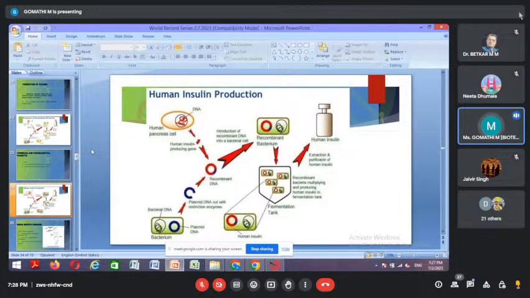This recombinant DNA is inserted into a bacterial cell, where it produces multiple copies, and after fermentation, it produces human insulin, which is extracted, purified, and marketed.